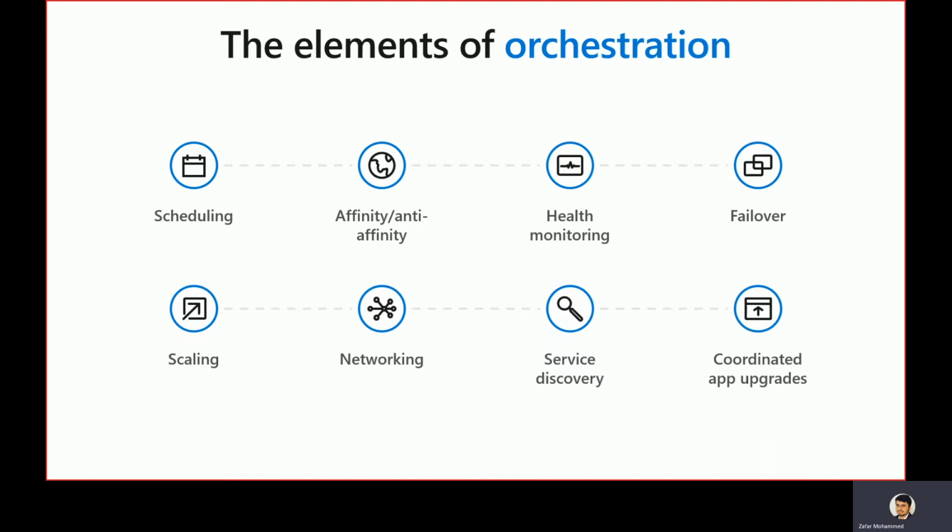The task of automating and managing this large number of containers that you would like to deploy, and how they interact, is known as orchestration. Popular container orchestrators include Kubernetes, DCOS, and Docker Swarm.